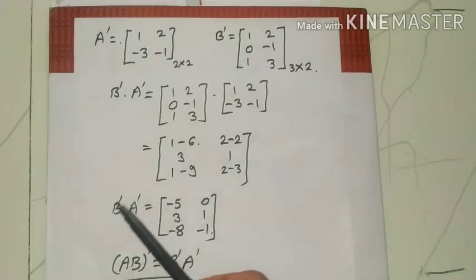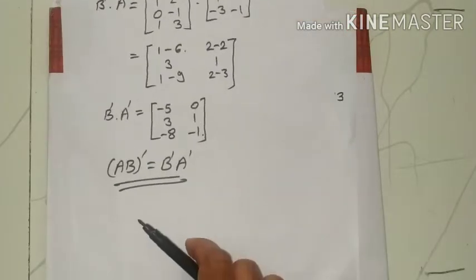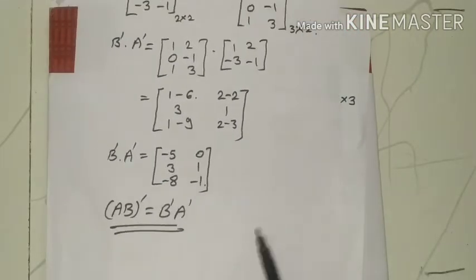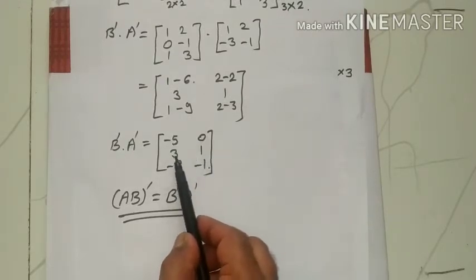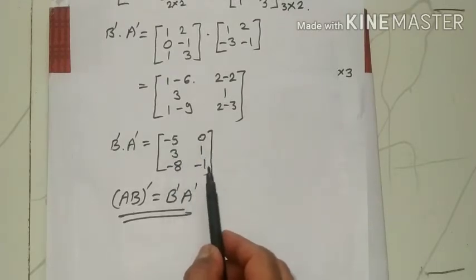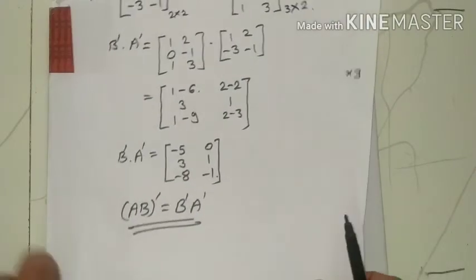Then the product B dash A dash is equal to [-5, 0; 3, 1; -8, -1]. Hence the right hand side part and left hand side part are equal.